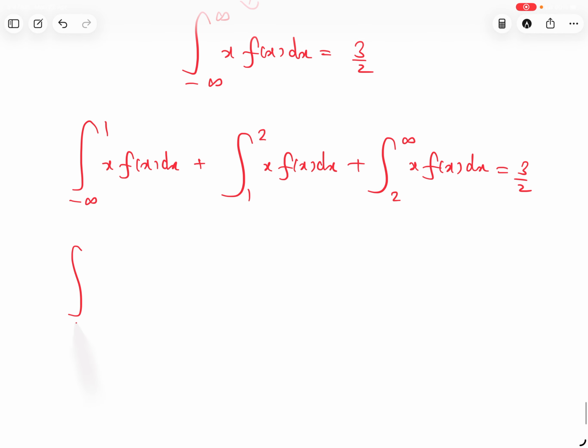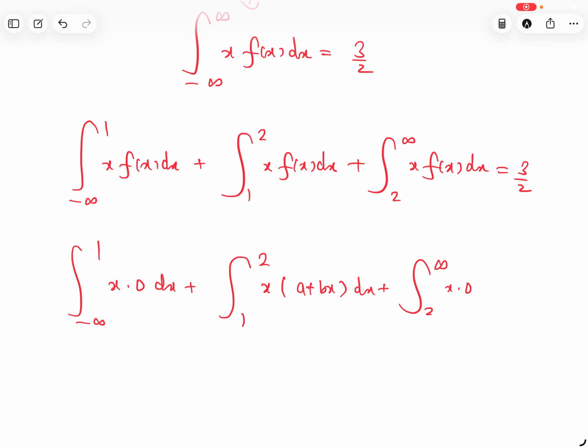So what is this? Minus infinity to 1 x into 0 dx, plus 1 to 2 x into (a plus bx) dx, plus 2 to infinity x into 0 dx is equal to 3 by 2.